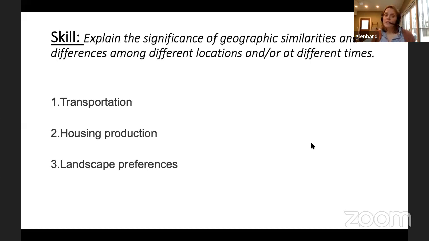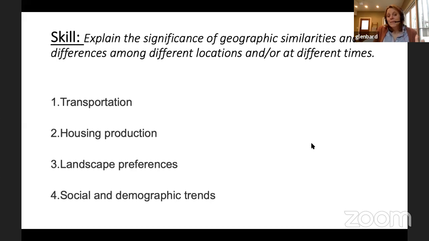Landscape preferences, being near the city and having easy access, or do you want that open space? And then the social and demographic trends. For example, a lot of our urban areas here tend to be younger, 20, 30 somethings. And what we find is when they have kids, then they shift out to the suburbs. Do we find that in other places as well?